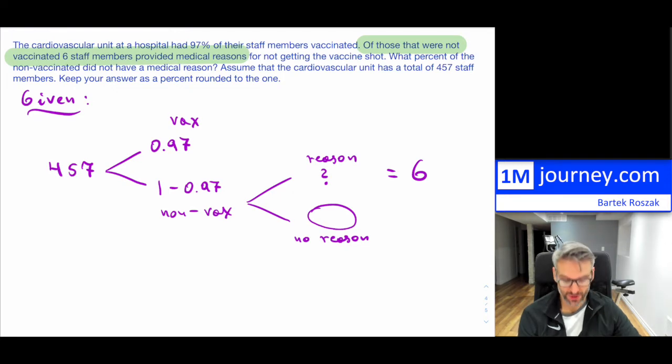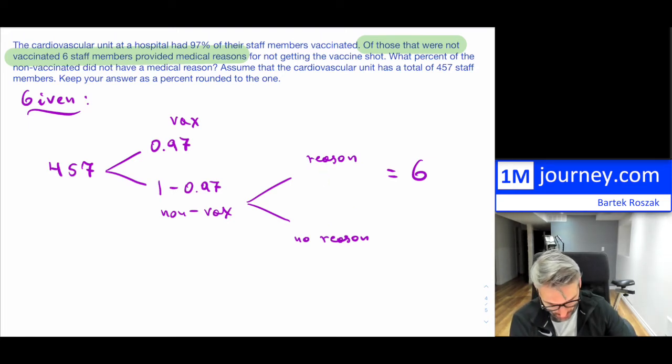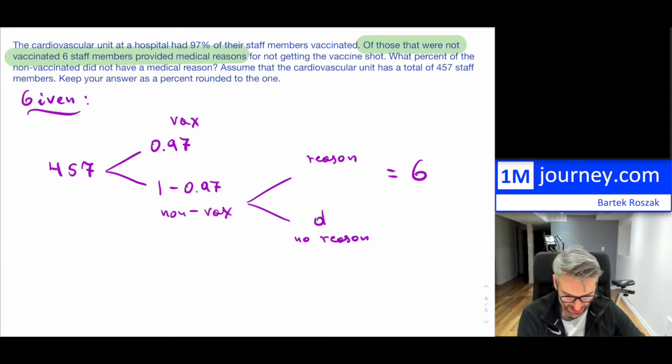So how do I set this up? Well, I'm not going to use the question marks in here, but let me call this D, because I'm always changing everything to decimal. So D would be the percent, or the rate, of the non-vaccinated who did not have a reason.